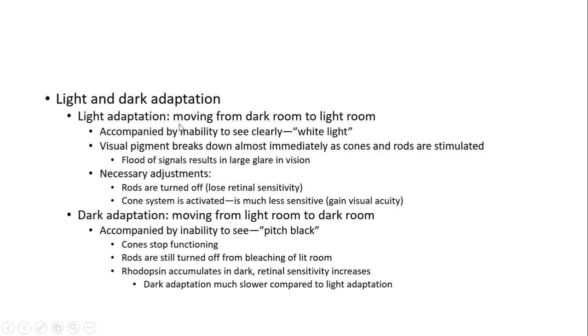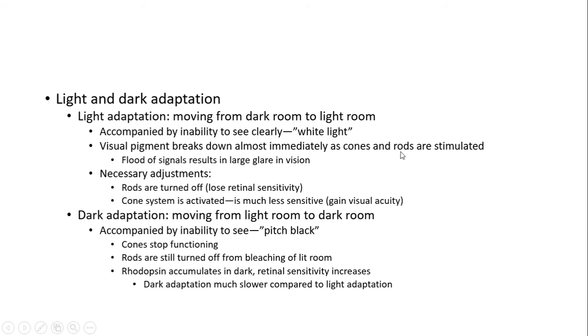This is accompanied by an inability to see clearly, right? You get this very glary, quick white light vision, and it's because of the bleaching of the visual pigments. They break down almost immediately once they have all this light energy being absorbed.